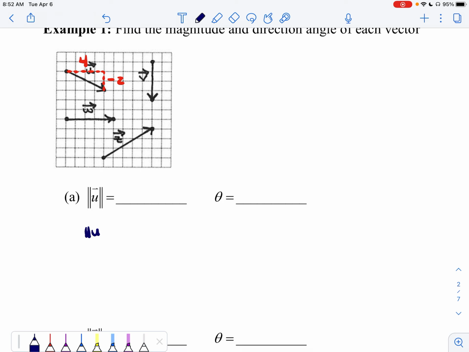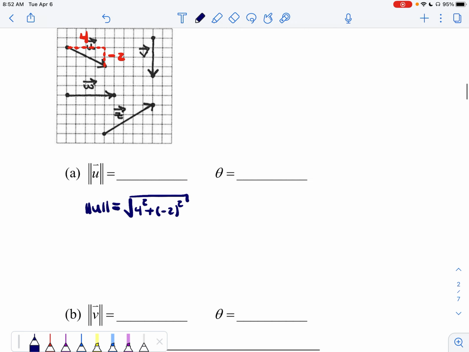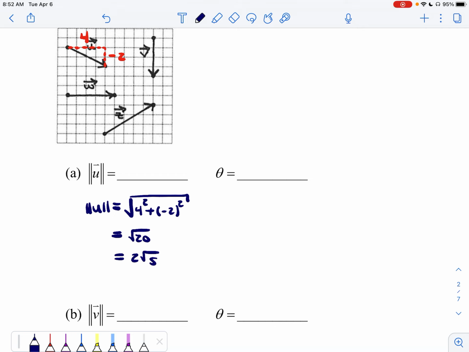The magnitude of u is going to be equal to the square root of 4 squared plus -2 squared. So that would be the square root of 20, or if we simplified that, 2 root 5. So that's the magnitude, or the length, of this vector.